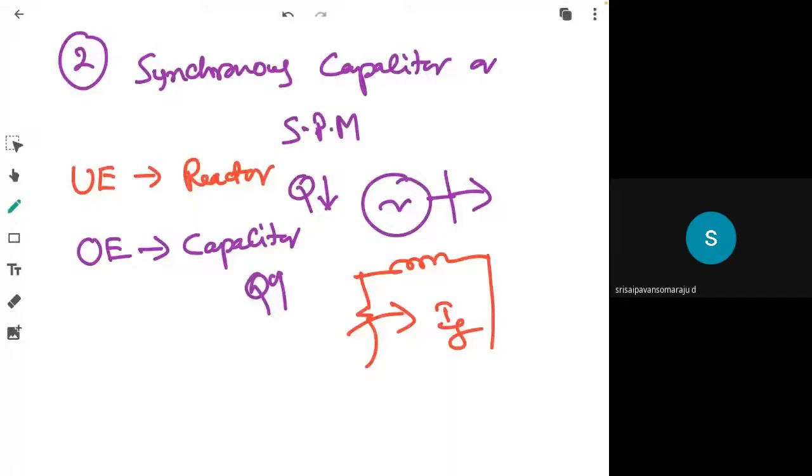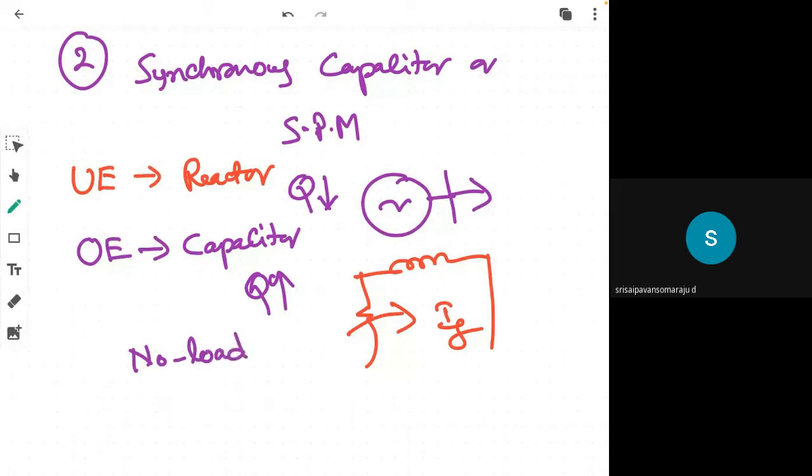Therefore, the phase modifier will operate both as inductor and as capacitor. It will be used as a reactive power source as well as a sink, like our synchronous generator. But the synchronous capacitor is designed to operate at no load, so it is not taking any load.